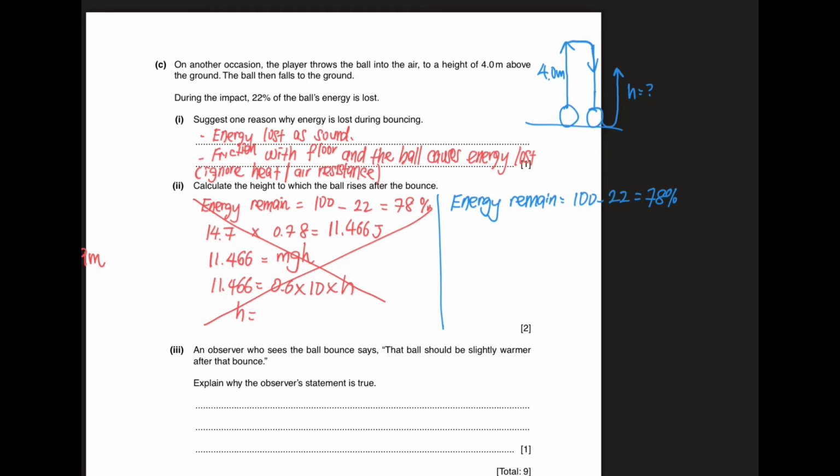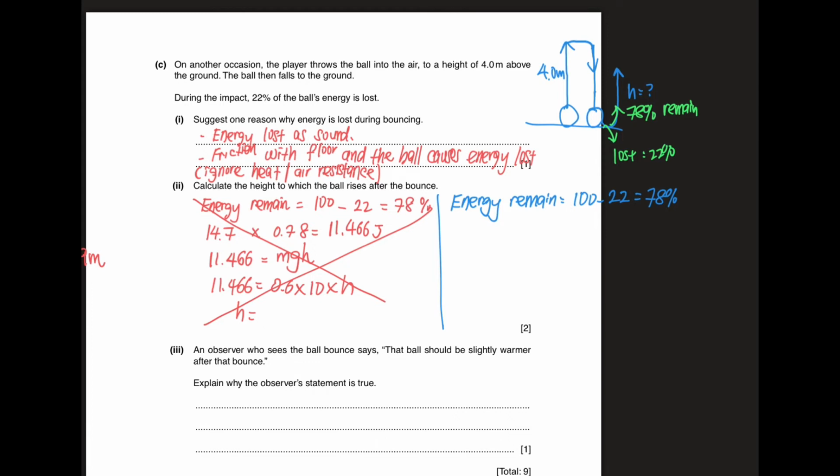So imagine something like this: 22% lost, 78% remain. Okay, so that is the 78%, which is still okay to be used, but the 14.7 we cannot use anymore.